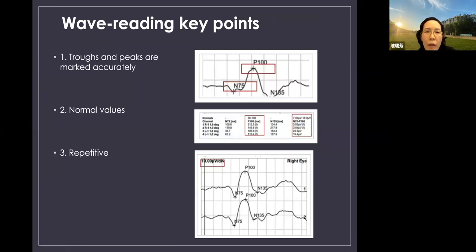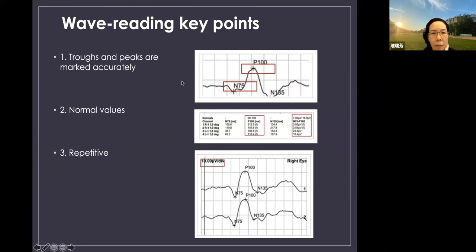Whenever we do a recording, we print it out and have data results, but sometimes we do not know how to interpret them. So I will give an explanation of how to read these waveforms. For a pattern VEP, we always first look at the waveforms to see the P100 and N95.